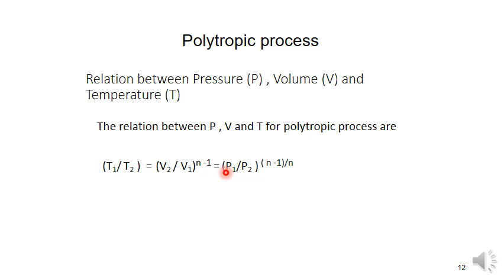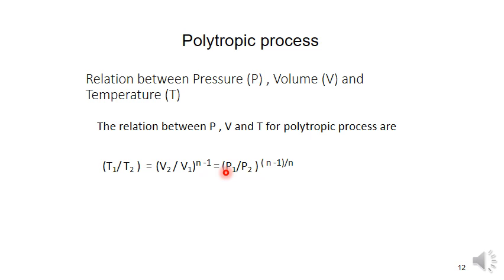What is the first one is the work done, next one is the heat transfer, next one is the polytropic index, and next one is the relation between P, V and T for a polytropic process. So first we have to remember the expression for the work done in an expansion process: W is equal to (P1 V1 minus P2 V2) by n minus 1, or in terms of temperature, mR (T1 minus T2) by n minus 1.